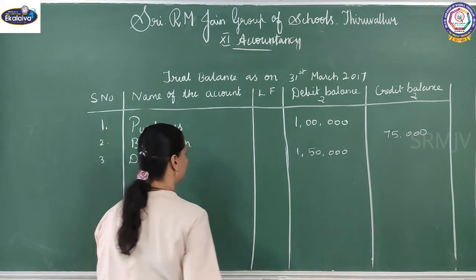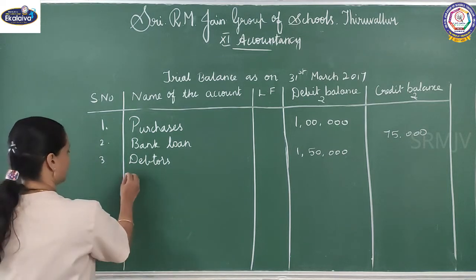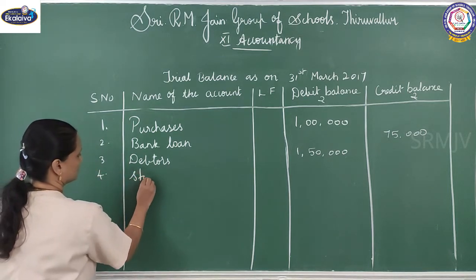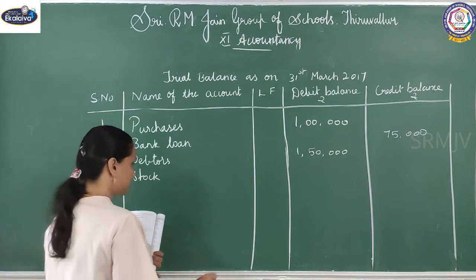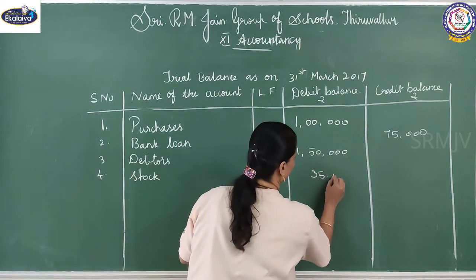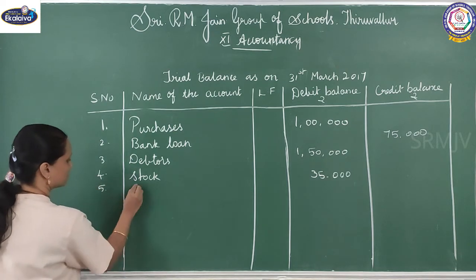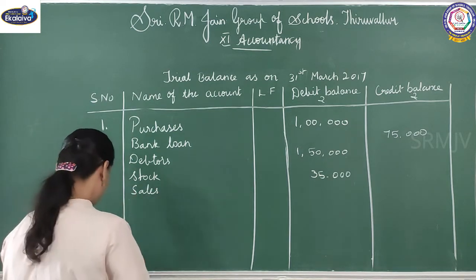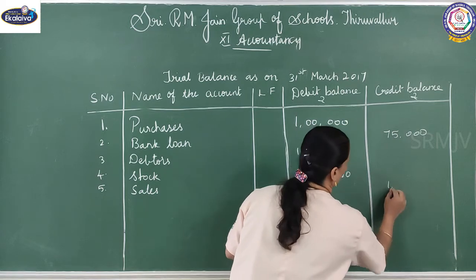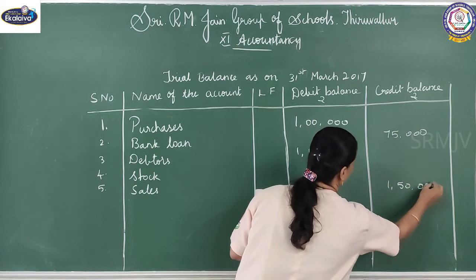Already they have given debtors, so you have to debit. Stock is an asset, so 35,000. And then sales 1,50,000.